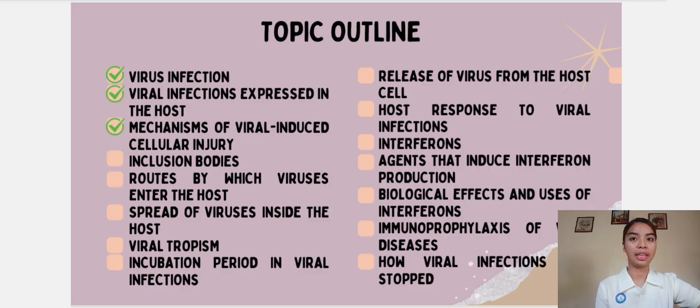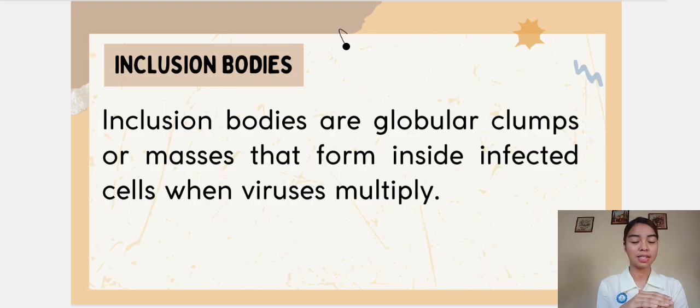So we already know the processes on how viruses infect or damage a single cell, the infected cell. So next is the inclusion bodies. I said earlier we will dig in deeper on what inclusion bodies are.